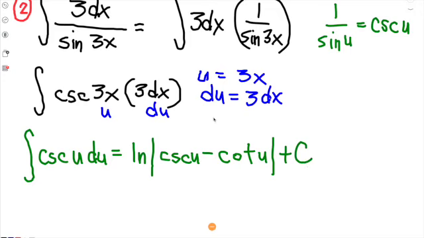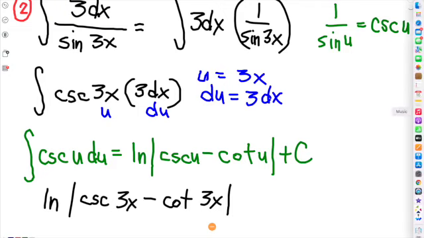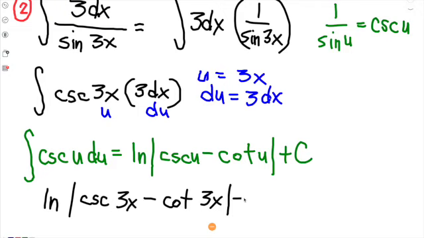Okay, so substituting and plugging in the values, our answer for this one would be ln of cosecant of 3x minus cotangent of 3x plus c.